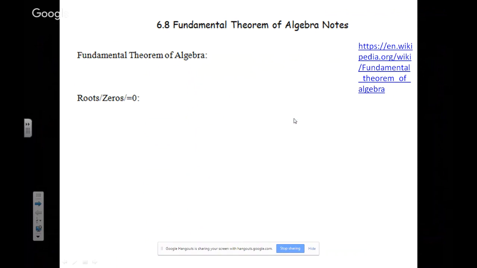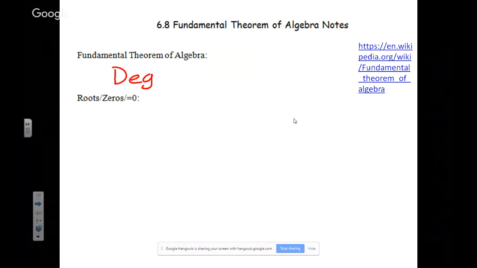The fundamental theorem of algebra basically says that the highest power tells you how many roots you have. So you know another term for highest power? We've talked about it.